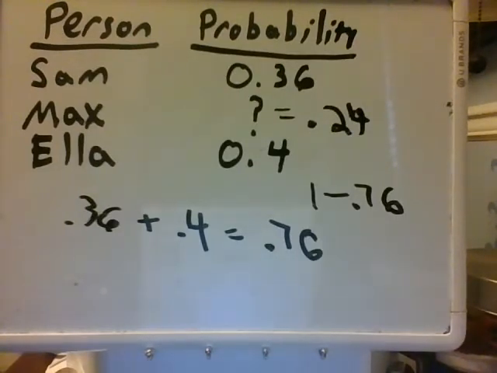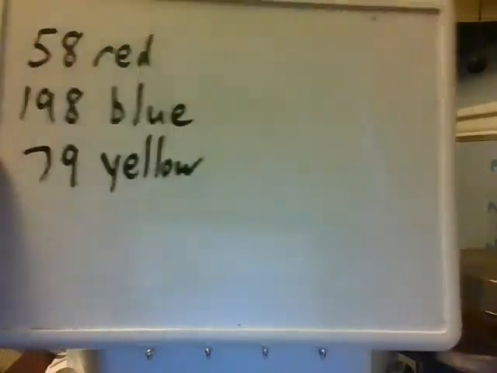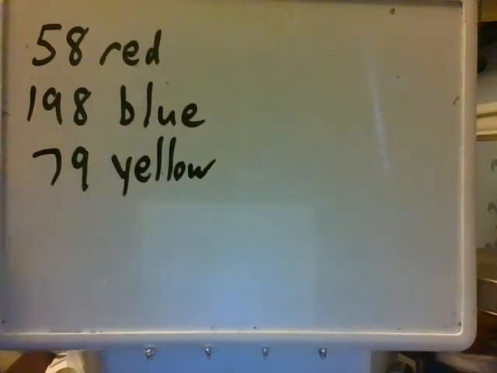I'm going to do red, blue, and let's say yellow. So in this probability model, you have 58 red rocks or marbles, 198 blue, and 79 yellow. You have to develop a probability model here. Let's say that all these rocks or marbles are in a bag. What's your probability of drawing one of these if you just reached in and grabbed one?